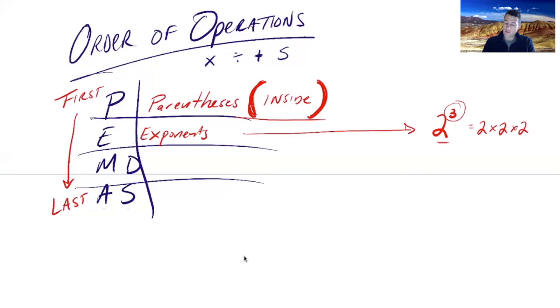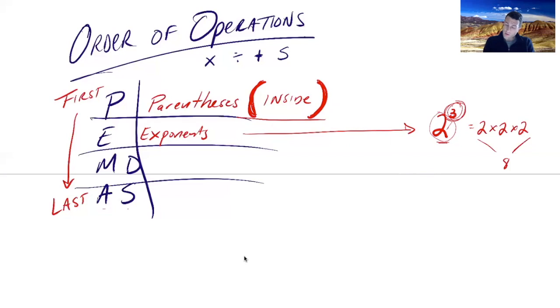All right, 2 times 2 is 4. 4 times 2 is 8, which boils down to 8. Remember, it is the base and how many times you should use it. So 2, we should see it 3 times, which is 2 times 2 times 2. So remember, it is not just the base times the exponent.